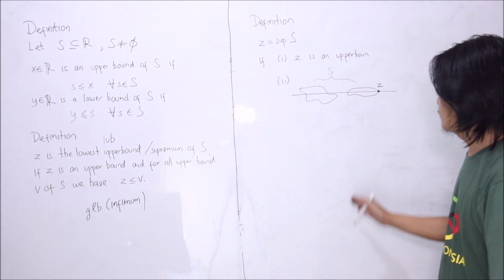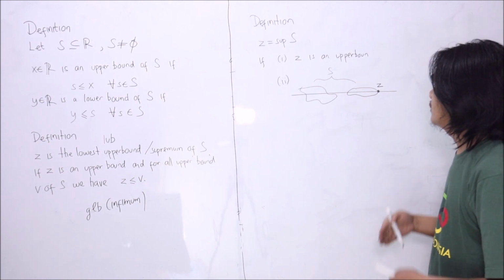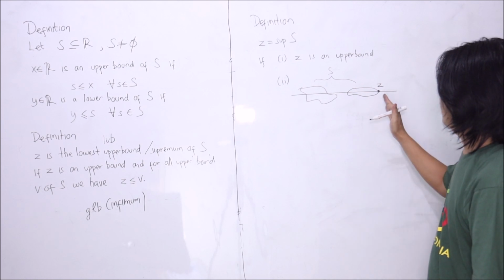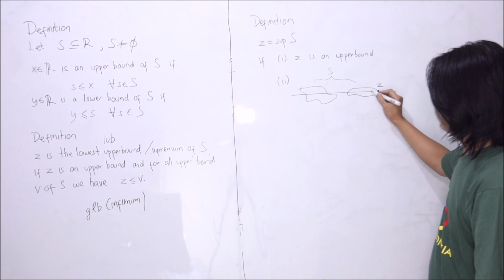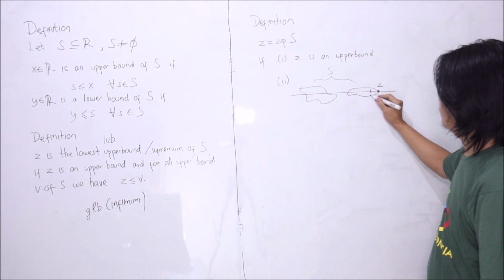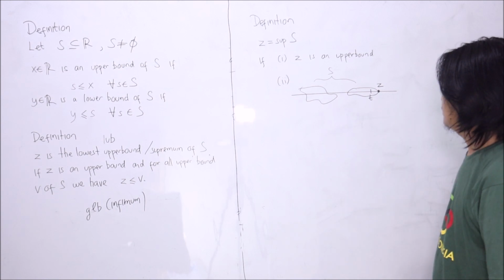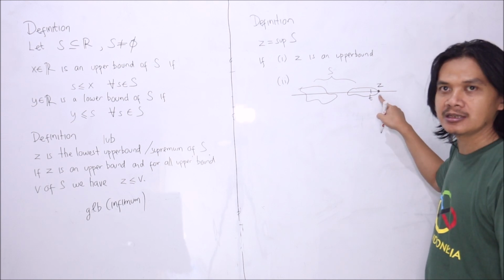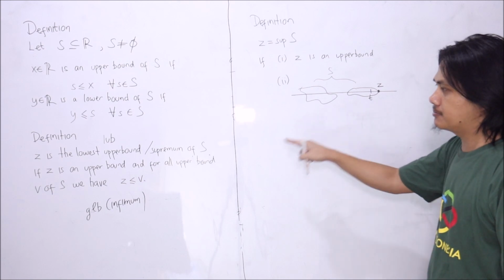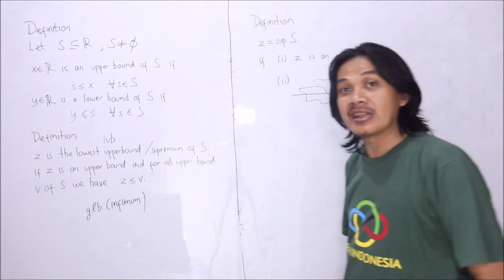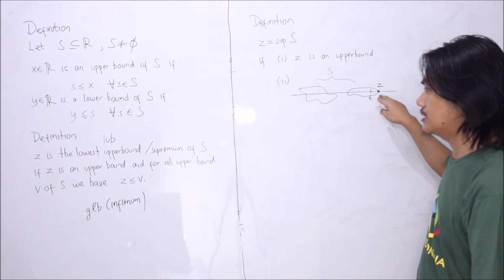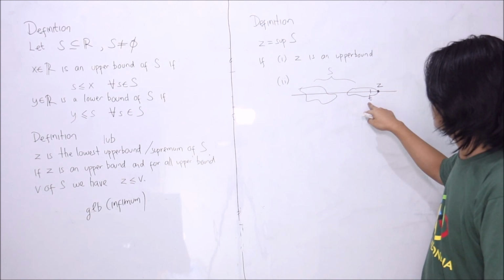This will be our lowest upper bound, the supremum of S, if for every other element to the left of this Z, let's say we have the number t here, since this t is smaller than Z, then this t cannot be an upper bound, right? Because by definition, another upper bound of S has to be greater or equal to Z. So this t is not an upper bound.